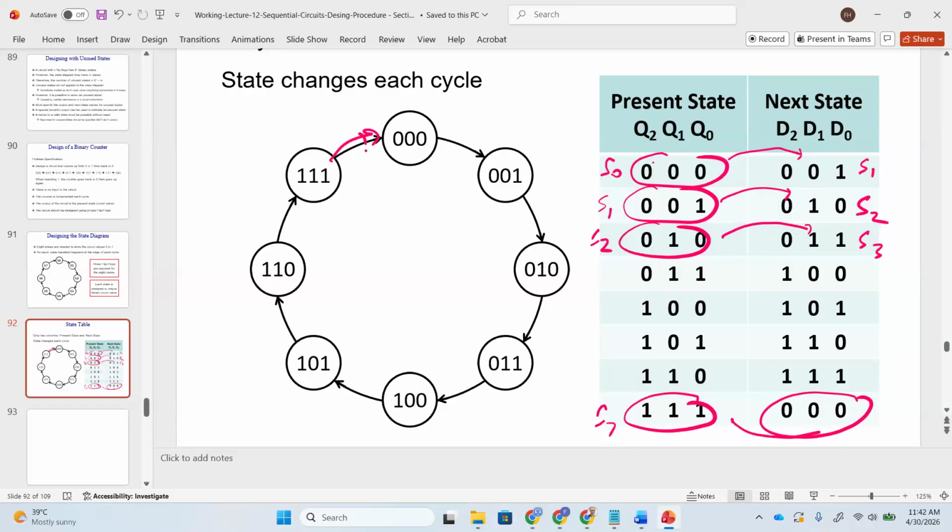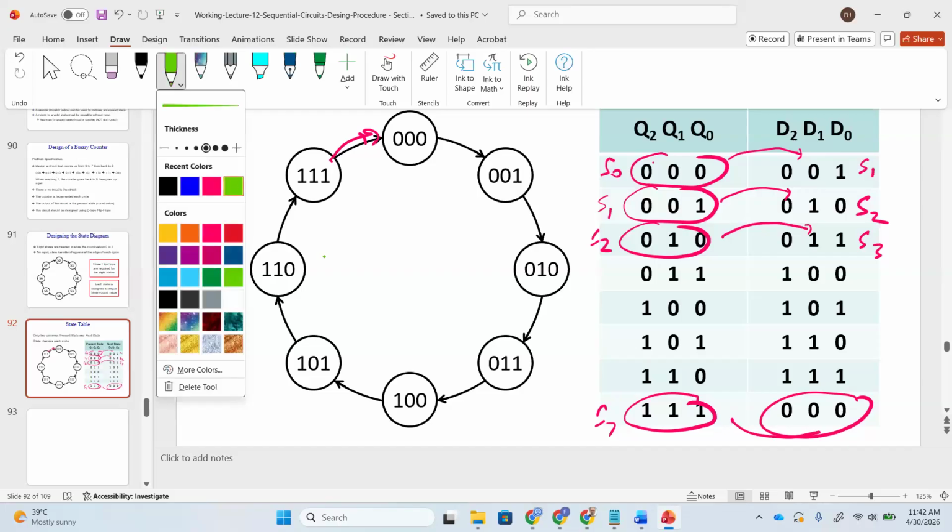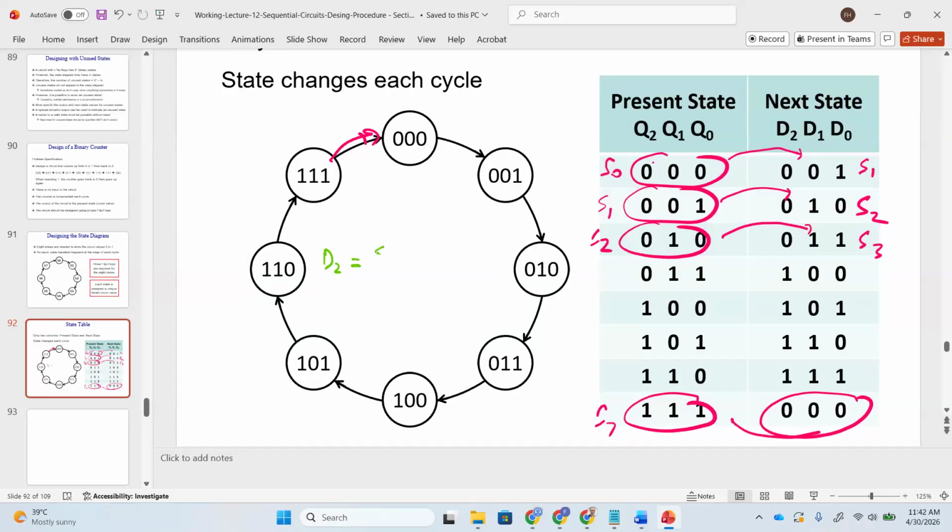Clear. Okay, now if you look at this counter, what can you see here? What is D2? D2 is sigma m of what? Anyone may answer? 3, 4, 5, 6.